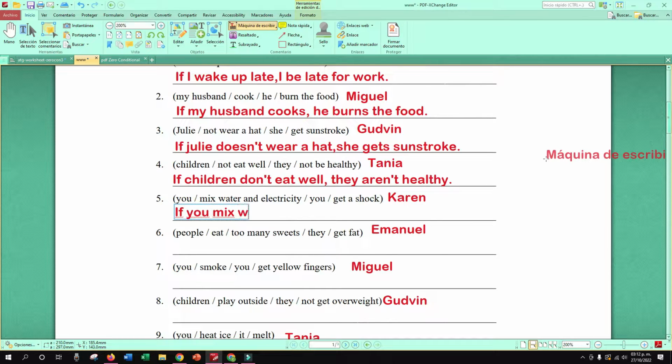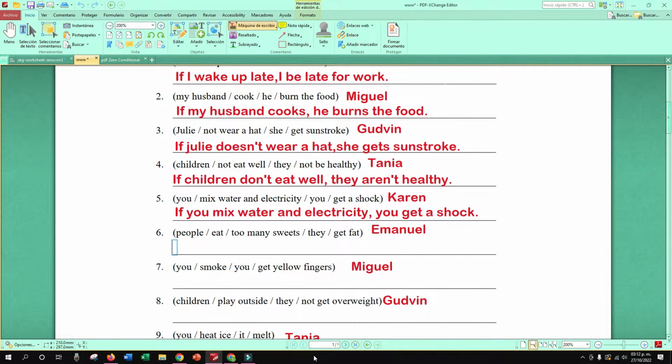If you mix water and electricity, comma, you get a shock, right? So there you have, if you mix water and electricity, comma, you get a shock. Excellent. Very, very good. Thank you, Karen.